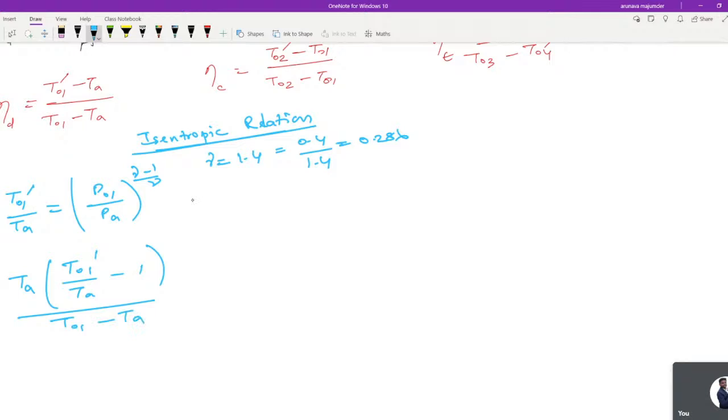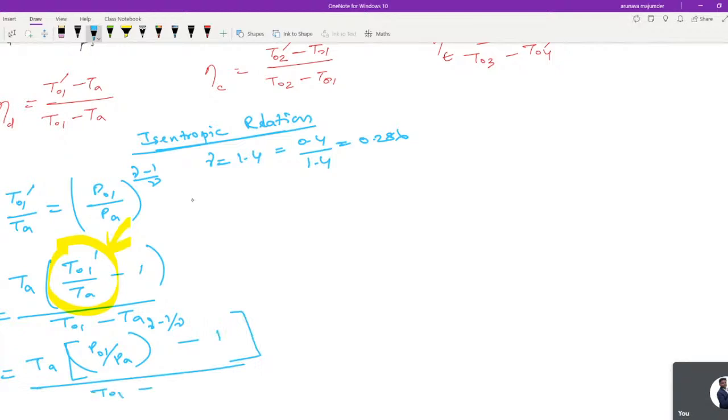Now I can substitute this part and apply this value over here. So I can write Ta equals P naught 1 by Pa to the gamma minus 1 by gamma, minus 1, by T naught 1 minus Ta, right?